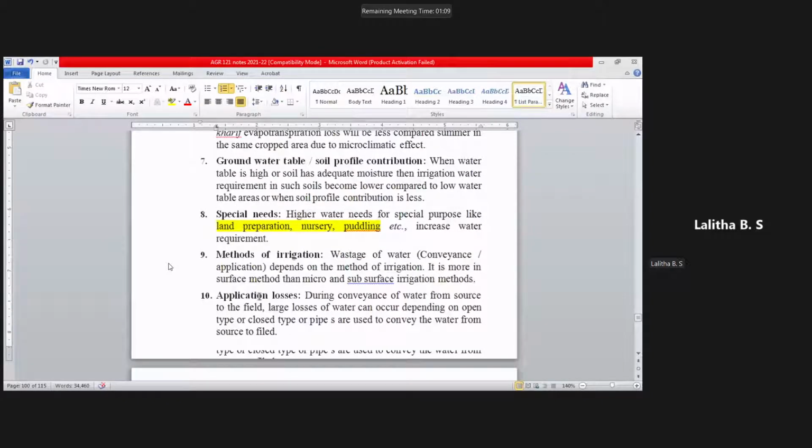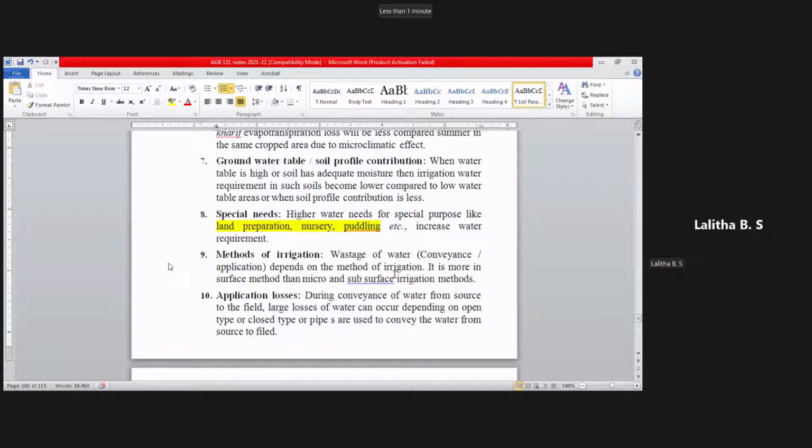Then again, the method of irrigation, which method we are using, either drip... In the next class, I'll clearly show in a PPT what we mean by drip, sprinkler, surface, subsurface, wild flood, or check and basin methods. The wastage of water depends on the method.